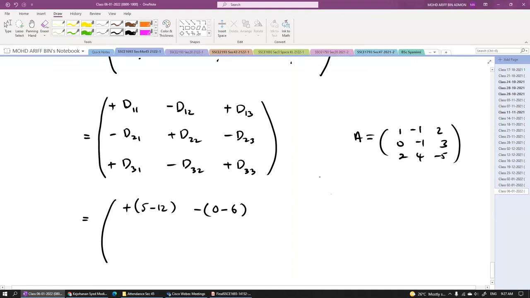Minor is calculating the determinant of your submatrix. Plus. 1, 3. What is it? 0 minus -2. So plus 2. Alright, proceed. Minus. 2, 1. Eliminate second row, first column. 5 minus 8.